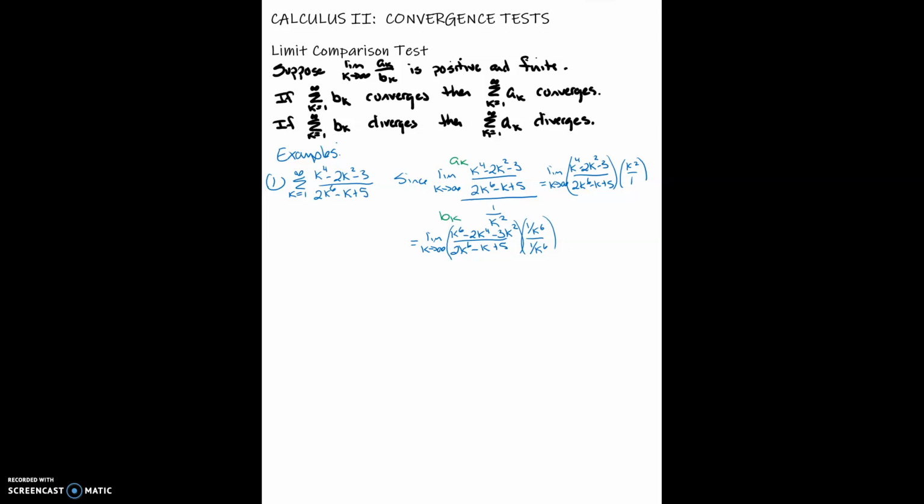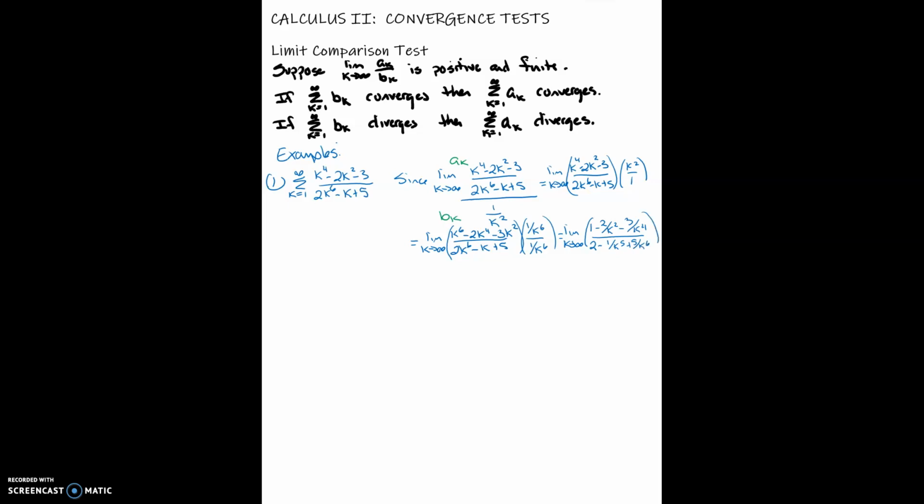Distribute that out, and we have the limit, as k goes to infinity, of 1 minus 2 over k squared minus 3 over k to the fourth over 2 minus 1 over k to the fifth plus 5 over k to the sixth.